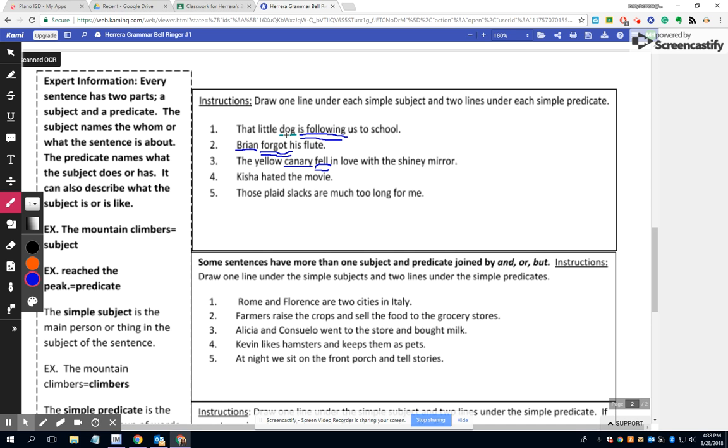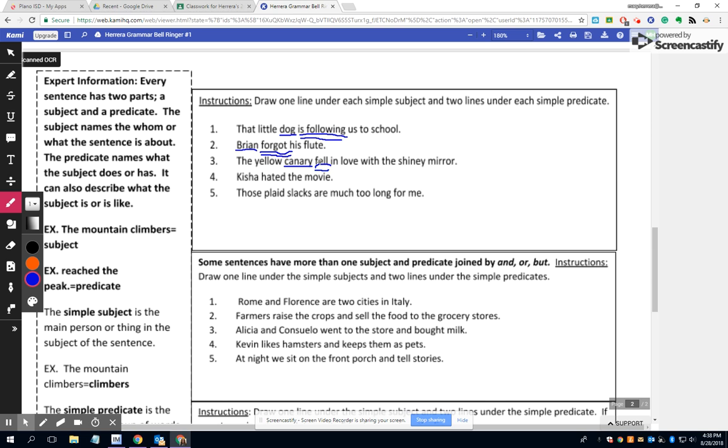Notice I've got dog is one word, is following, it's a helping verb and an action verb. Brian is a simple subject, just one noun, it's the person who's doing something. Forgot, one verb, that's a simple predicate. One word is underlined for the simple subject.